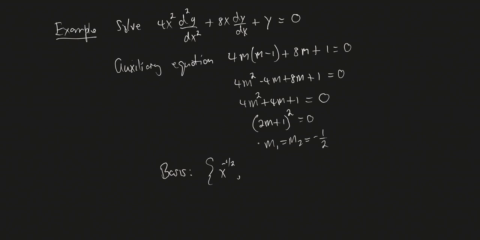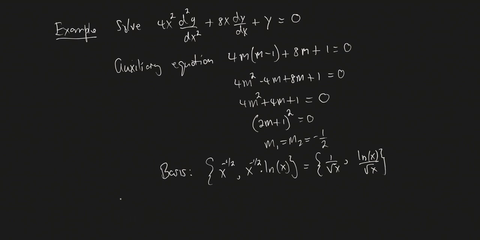And then again, because this is now the repeated case, the second function is the same power function times the natural log of x. And clearly, if you don't want to write this as a power function with a negative fractional exponent, you can write it as 1 over root x, comma, natural log of x over root x, right?